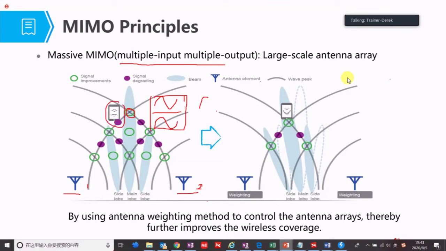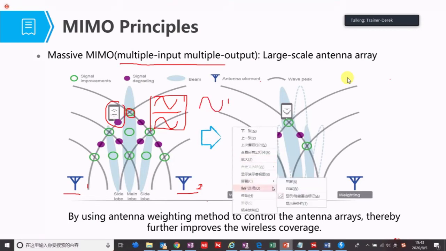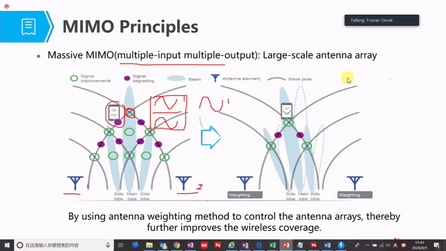If another antenna sends a signal like this one, in a different phase, this point is the peak and this point is the valley. So this mode may decrease the signal's power.